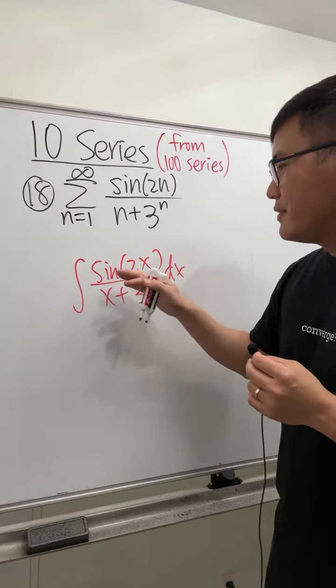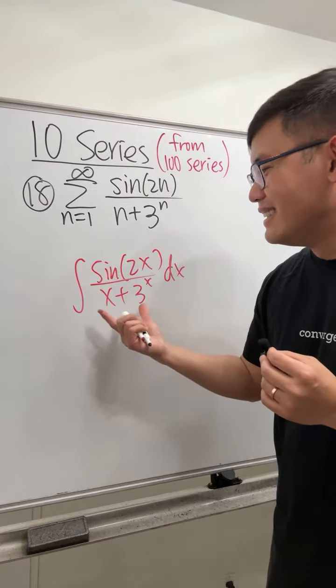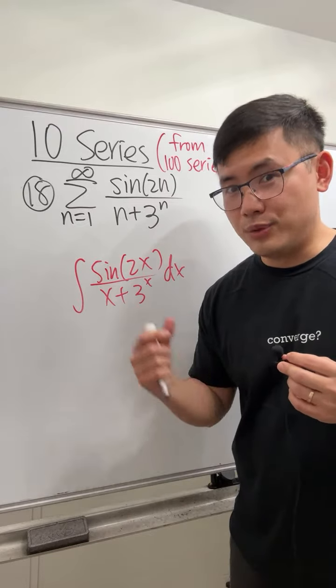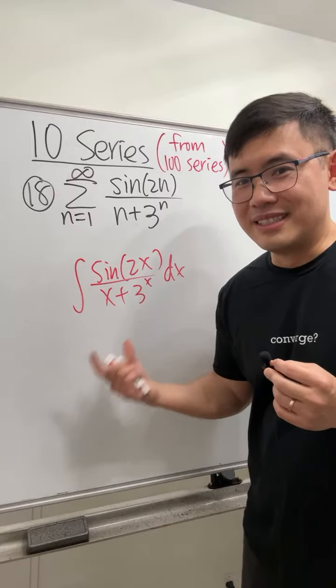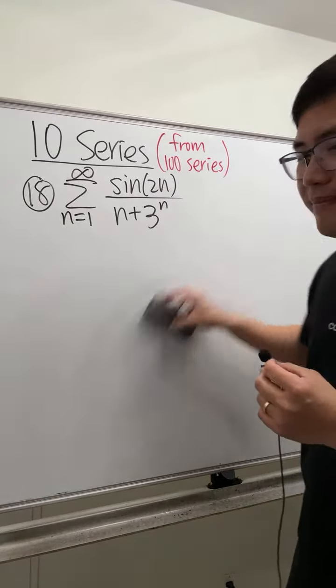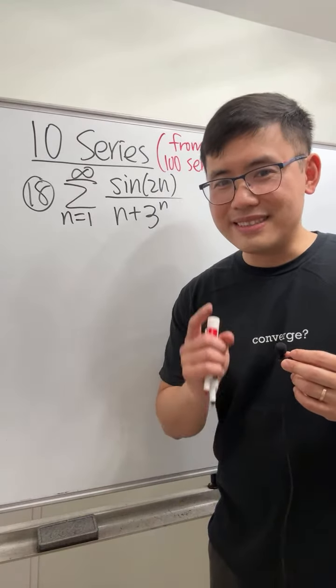Not even talking about if this is decreasing, continuous, positive, or whatnot, but perhaps the most important criteria to use the integral test is, can we integrate such an expression? We can actually use direct comparison test, yes.